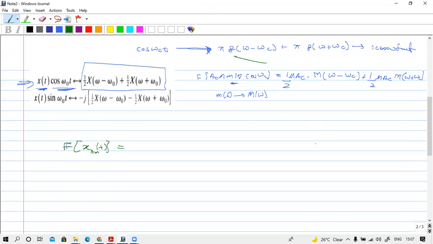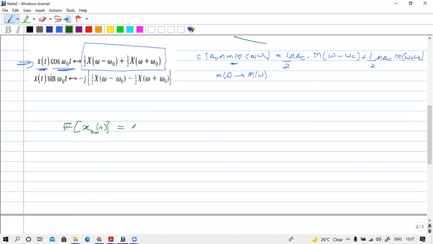That is phi delta omega minus omega c plus phi delta omega plus omega c. Okay, and this is for the carrier signal. Actually, this is the carrier spectrum.